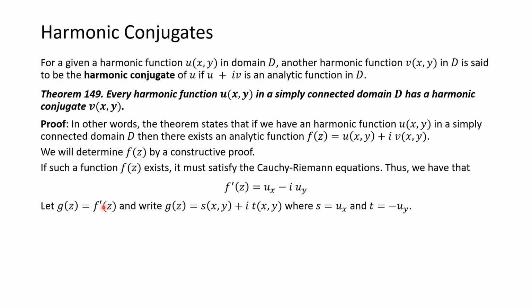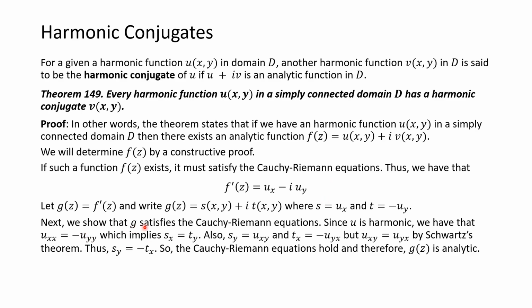And then just some notation to hopefully make things a little bit easier. So g of z, we'll let that equal the derivative of f. And then we write g of z equals s of x, y plus i times t of x, y, where s equals u_x and t equals minus u_y, which are the partial derivatives.